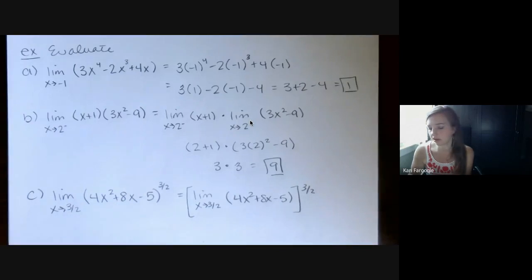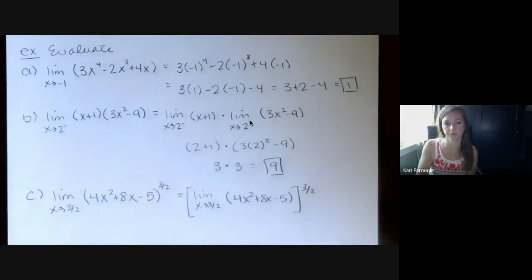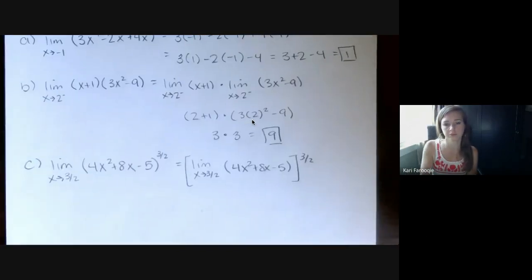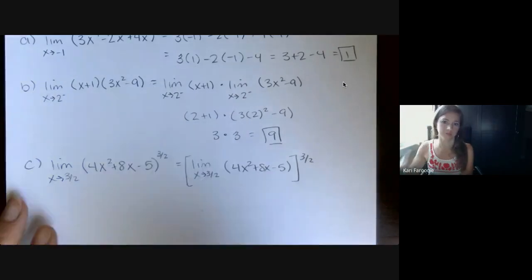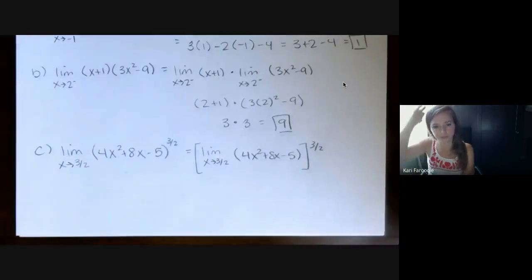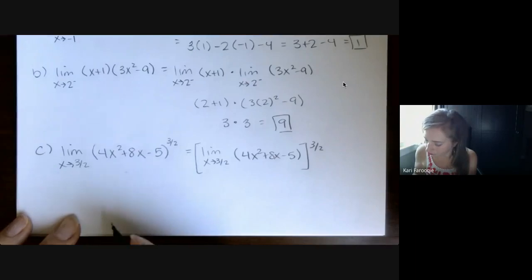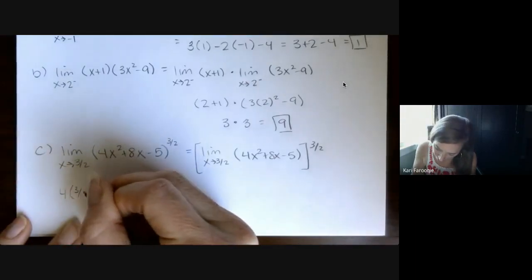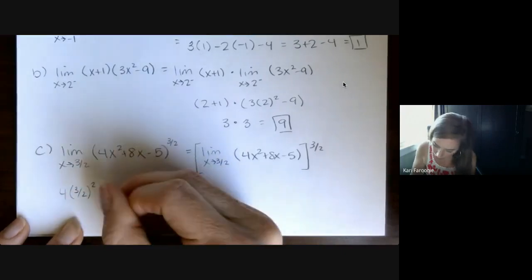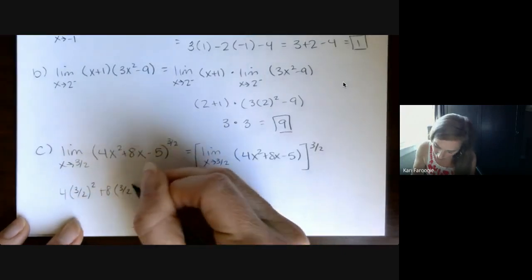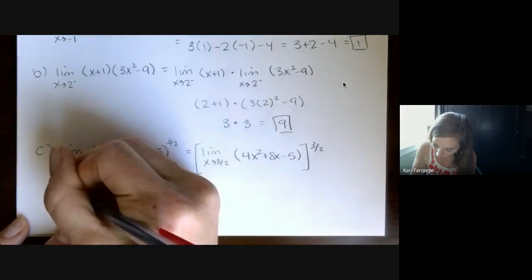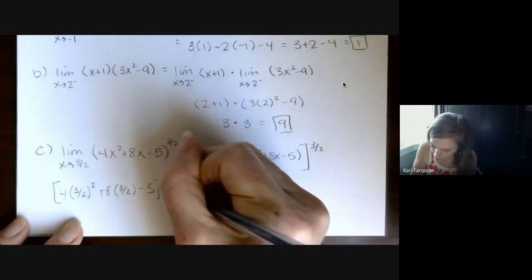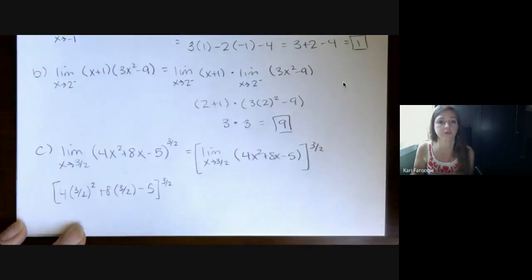So this is that limit of a fractional power theorem. We are going to take 4 times 3/2 quantity squared plus 8 times 3/2 minus 5. And that whole thing is getting taken to the 3/2 power.